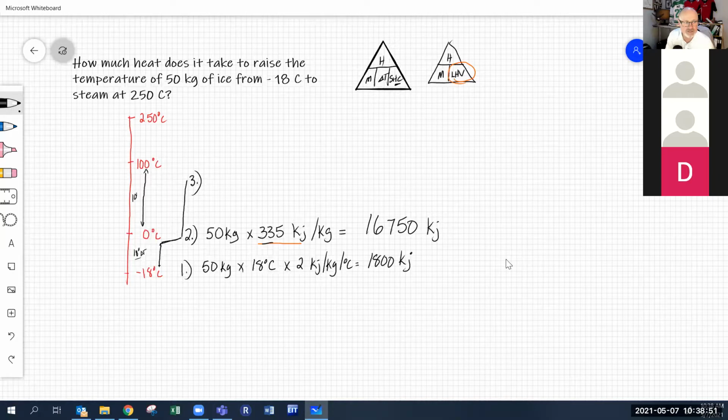And I have 100-degree delta T. So sensible heat would say, take your mass, multiply that by the delta T, multiply that by the specific heat capacity of water in metric, which is 4.2 kilojoules per kilogram per degree Celsius.